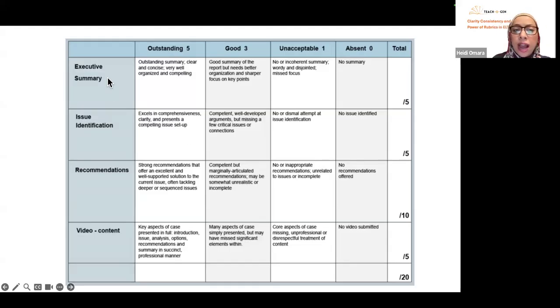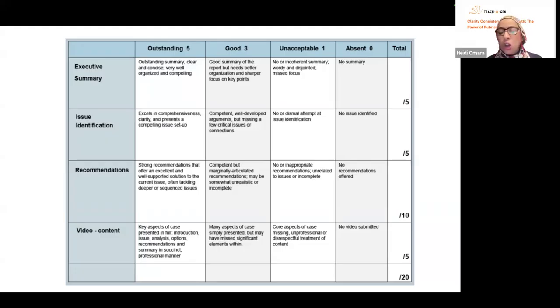So I need to look at more than one thing: the executive summary in this presentation, the issue identification, the recommendation, and the video content. Each one of them is graded alone. When things are broken down, that means this is a very important thing I am assessing, and this person needs feedback, needs to know exactly where the issue or the problem is.